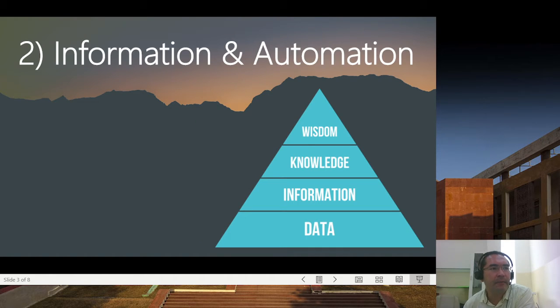So principle number two is the information pyramid. With all the IoT hype that we have today, and all the devices and systems that we create, the principle is that we need to understand the flow of information from data to knowledge and wisdom.